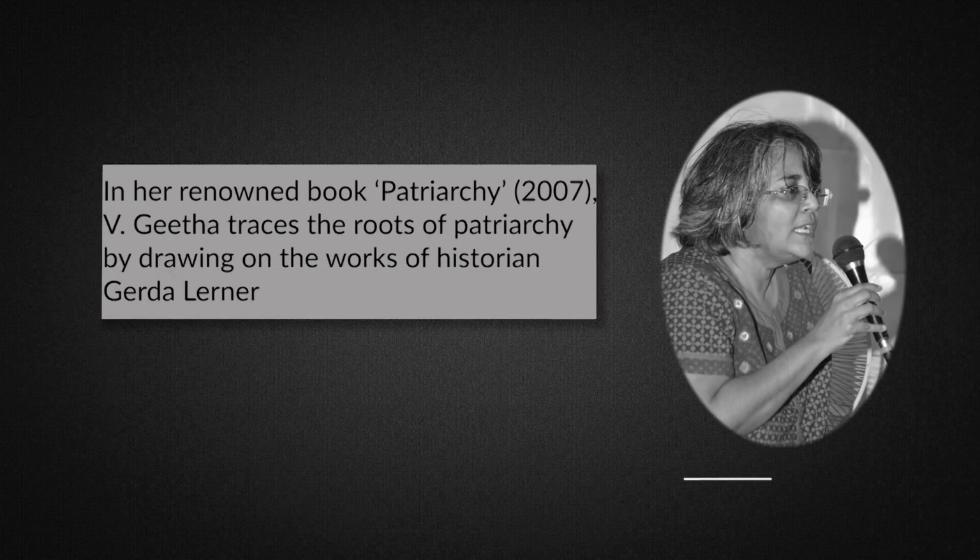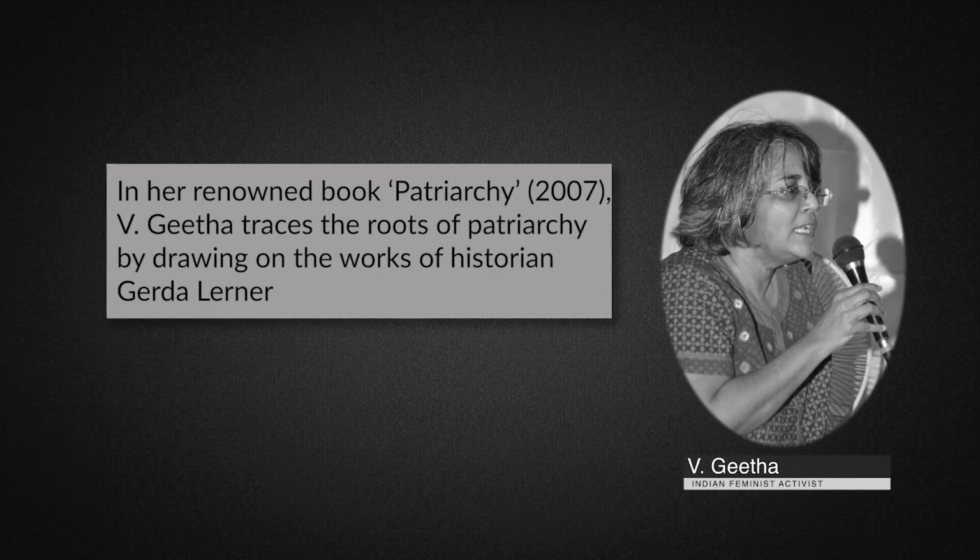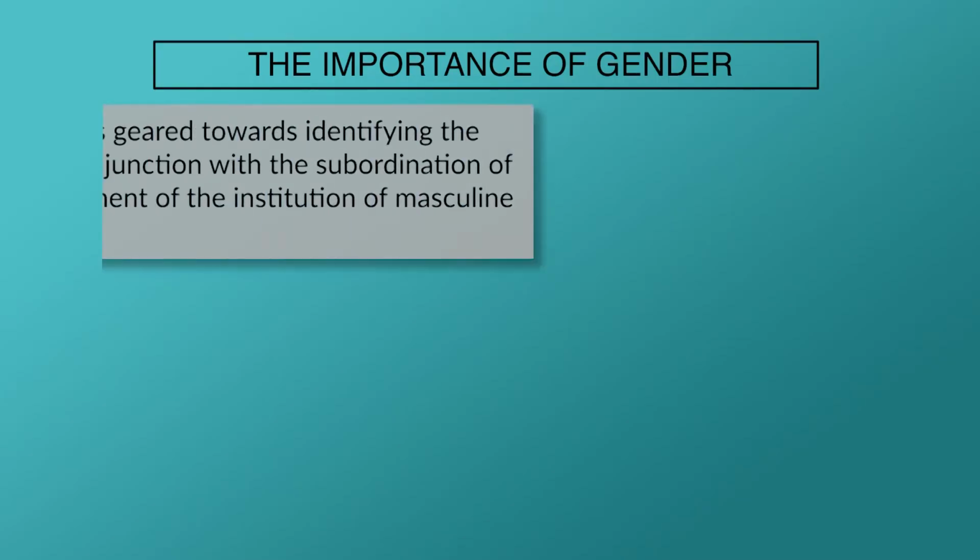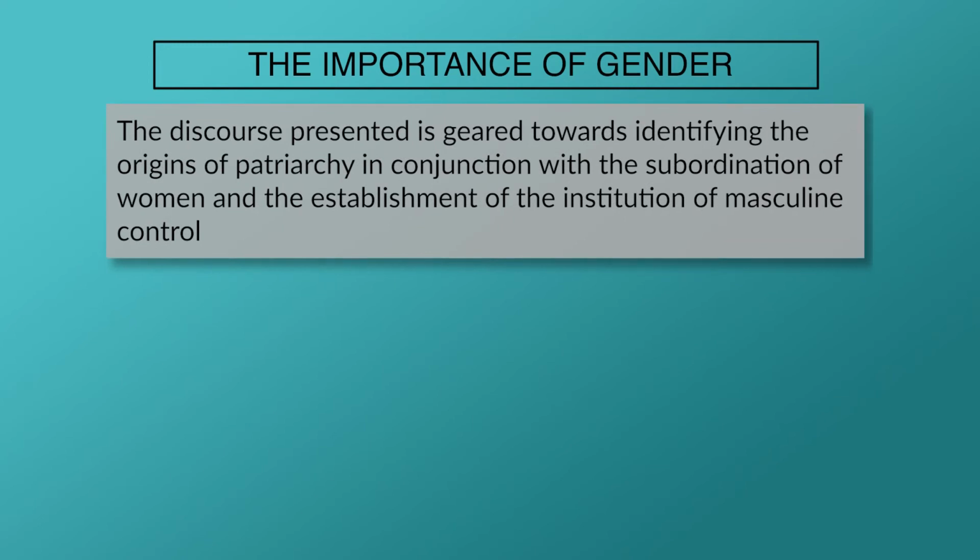The influence of gender, wherein I would like to draw on the works of V. Geetha, who says that the notions of patriarchy is identified by the subordination of women and the role of institutions in particular contexts, which remain under masculine control.